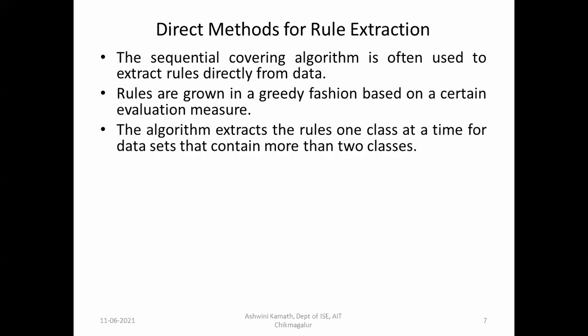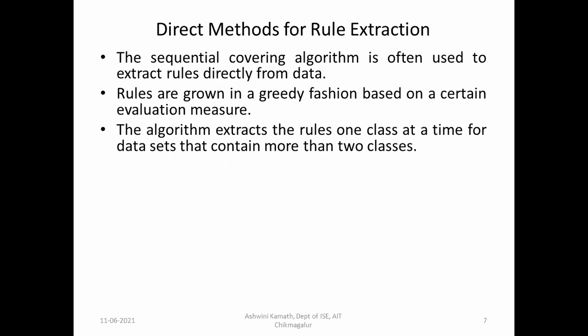The algorithm extracts the rules one class at a time for data sets that contain more than two classes. When we have two or more class labels, for example yes or no, positive or negative, the rules are extracted based on the class label. So when we have two classes, for example positive and negative, first it will evaluate for positive, then for negative.